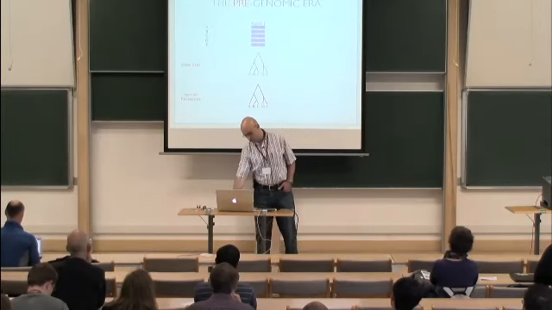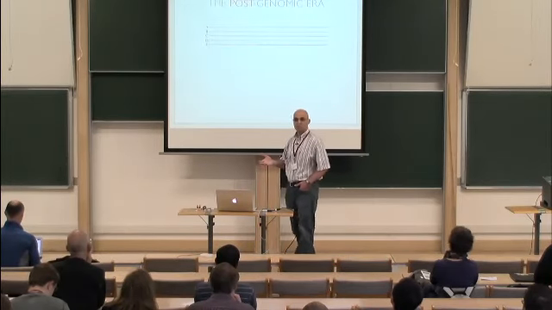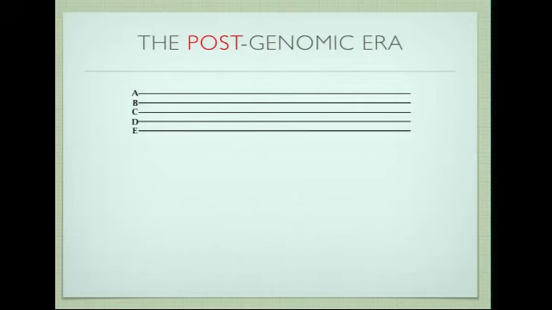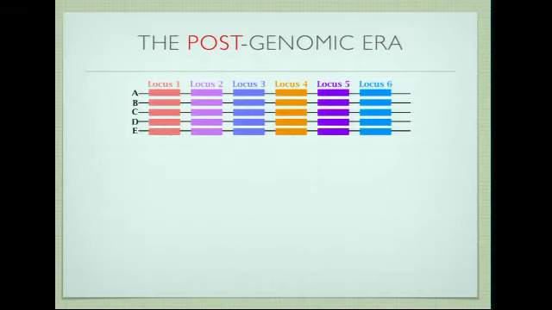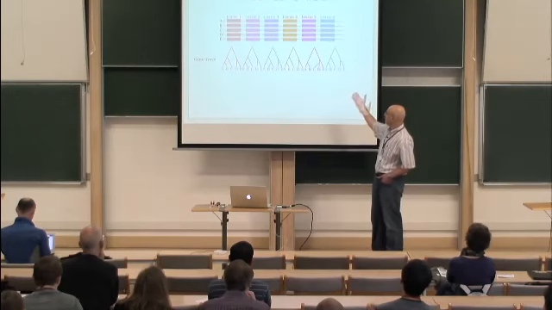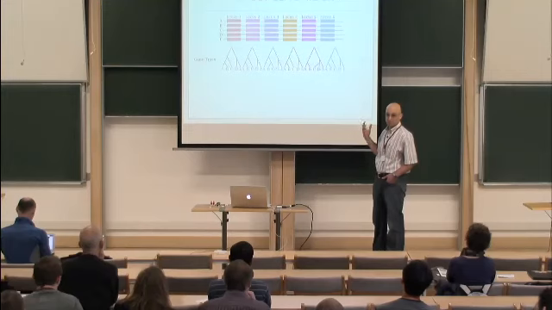However, in the post-genomic era, now that we have whole genome sequences, and in particular multi-locus data sets, sometimes we don't have the whole genome, and we don't need the whole genome. We need multiple loci. In this case, we have multiple loci to sample and sequence, and we can build the gene tree for each one of them. Once you build the gene trees and start looking at them, you will see in this case, for example, that the gene trees do not agree with each other in terms of topology.